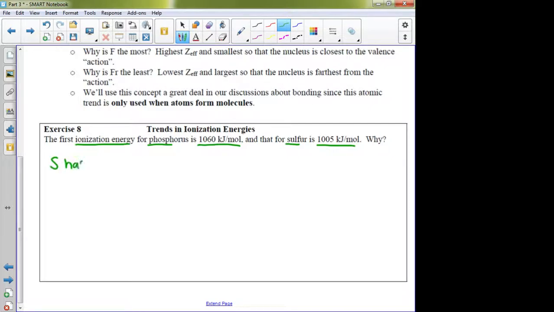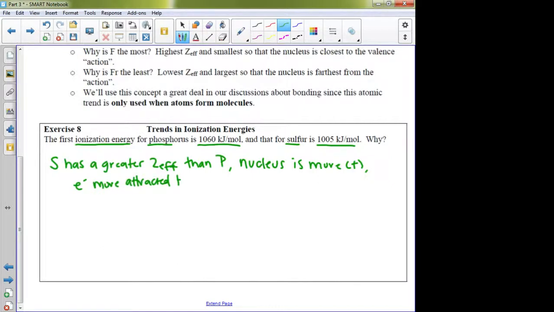Sulfur has a greater effective nuclear charge than phosphorus, which means sulfur's nucleus, and I'm shorthanding this, you wouldn't shorthand this on the AP exam, is more positive, which means the electrons are more attracted to the nucleus, which means the ionization energy should be greater for sulfur, right?